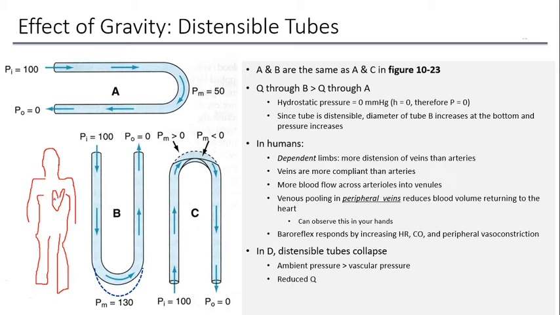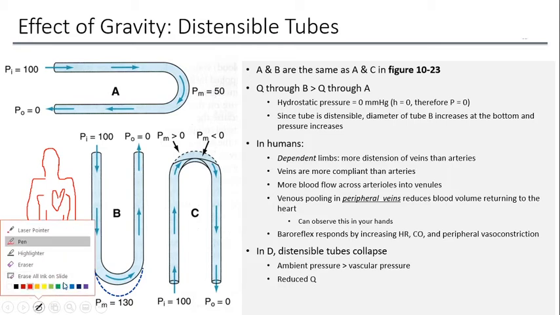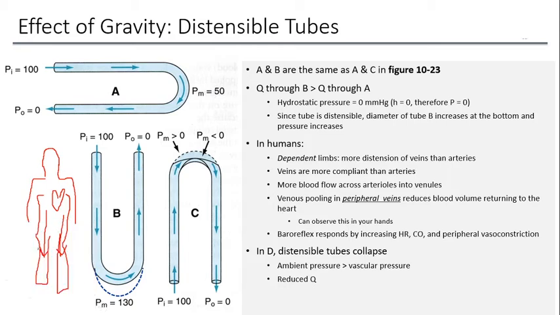If we have the person in upright posture, and again, I'm not the greatest artist, just trying to draw the example, what's going to happen is blood is going to start to travel down towards the lower extremities, right? Blood flow is going to go from the arterial side to the venous side, and there is going to be venous buildup, venous pooling, and blood flow below the heart is going to start to increase.